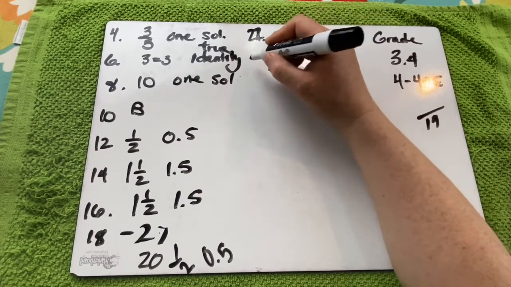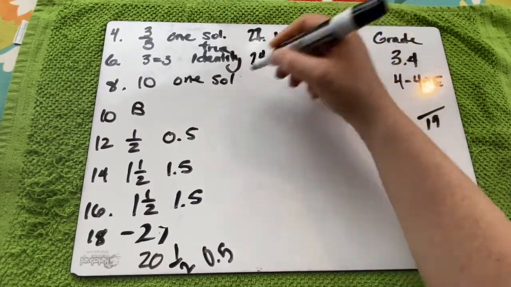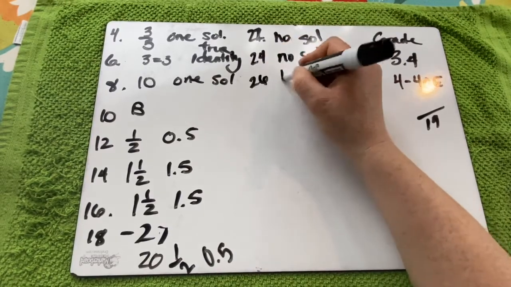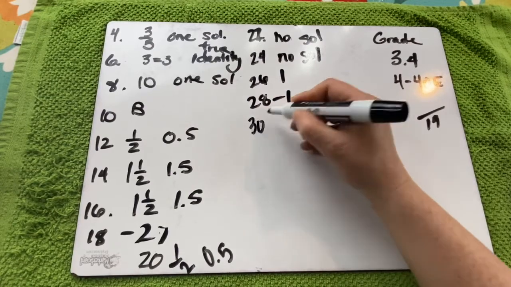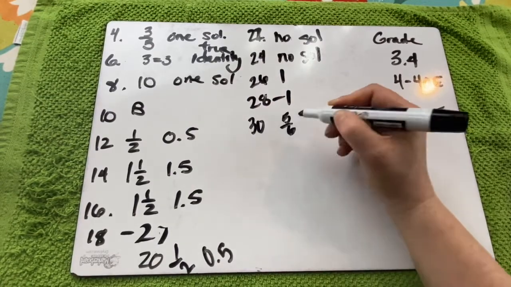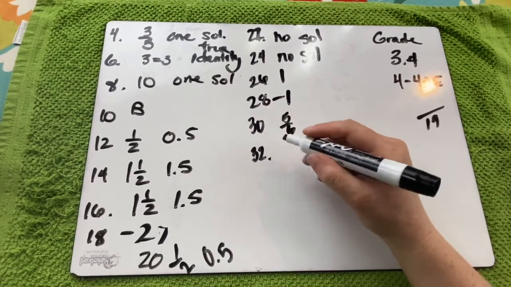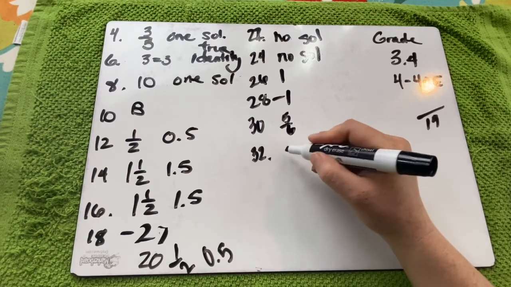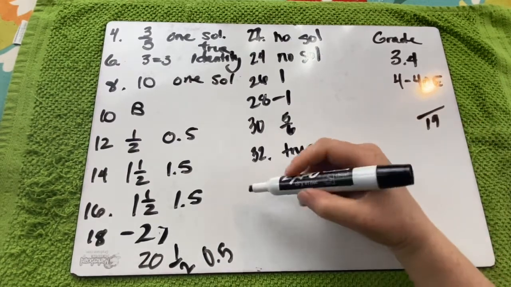Okay? 24 is no solution. 26 is 1. 28 is -1. 30 is 5/6. 32 is true. They're all real numbers, so it's true or equal. They equal each other. Okay.